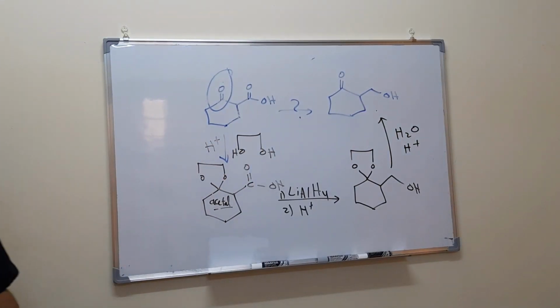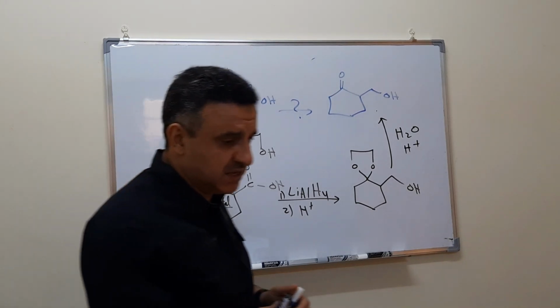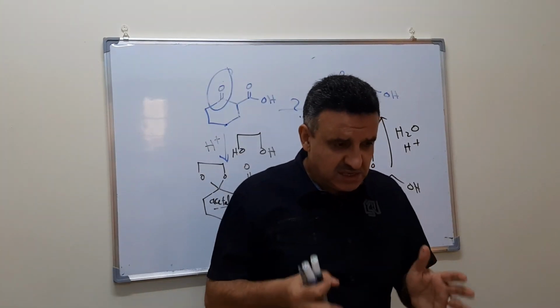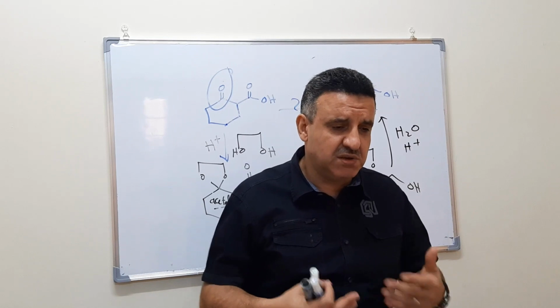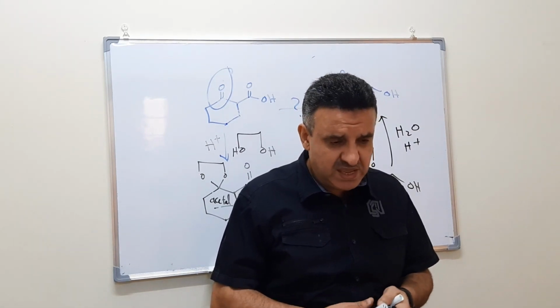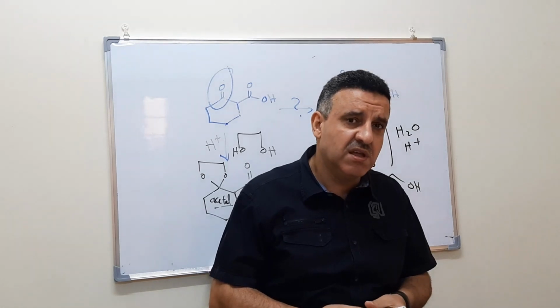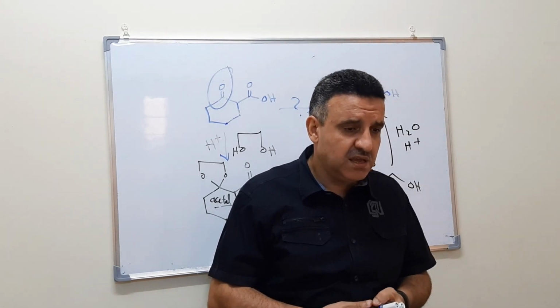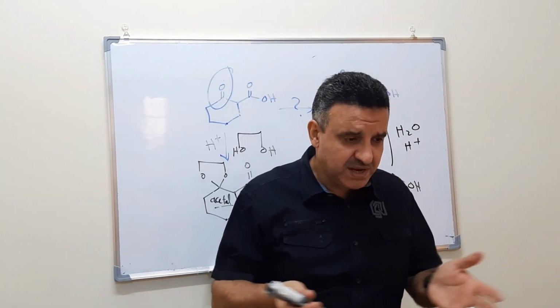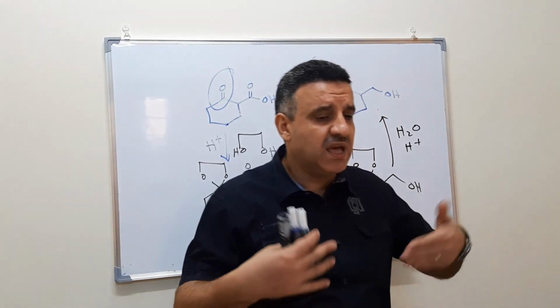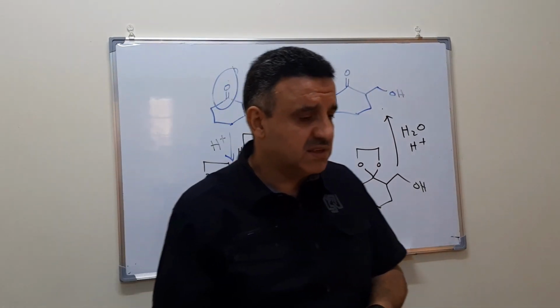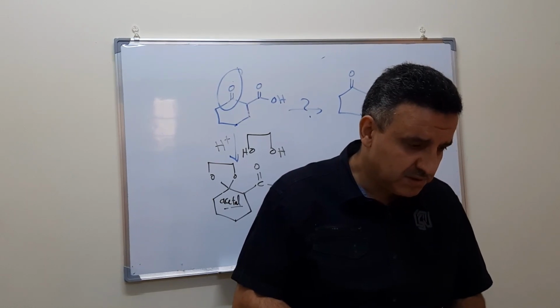We can synthesize our target product. Do you see it? So the major use for the acetal formation is simply to protect aldehyde or ketone functionality from reacting in certain reactions, and then remove it after we finish our bonds.